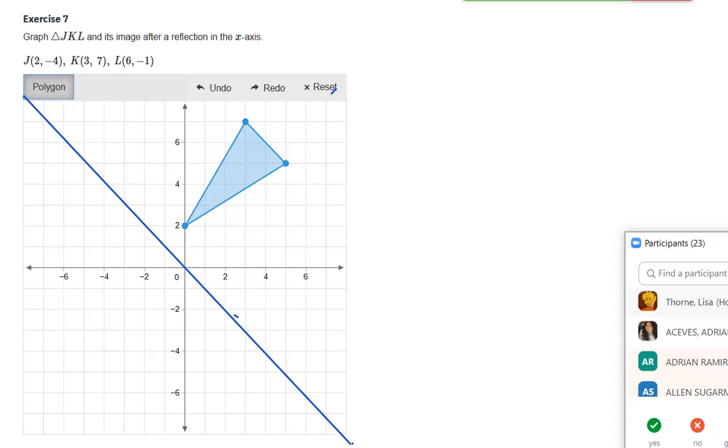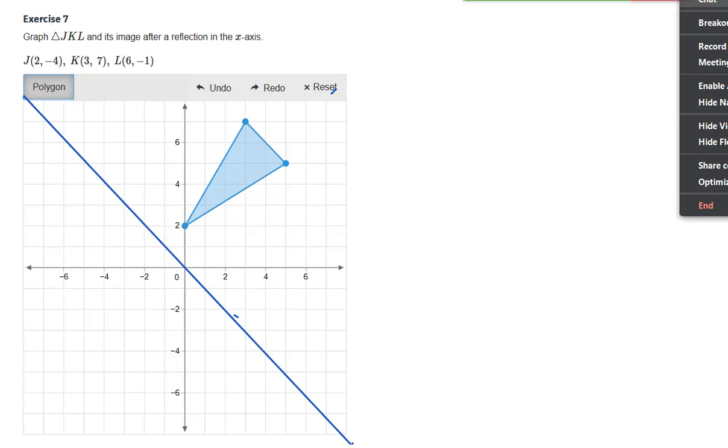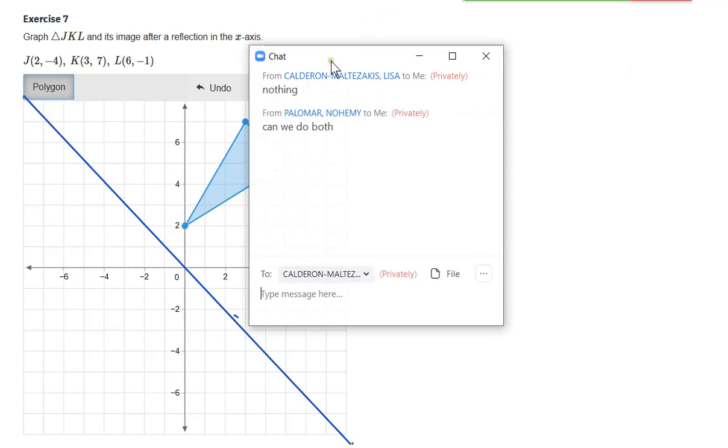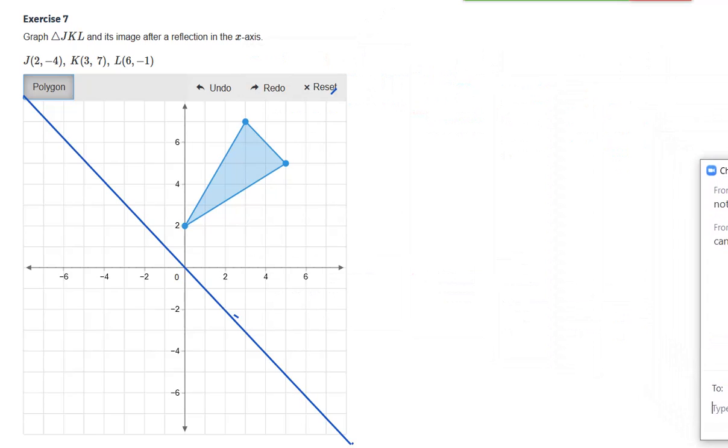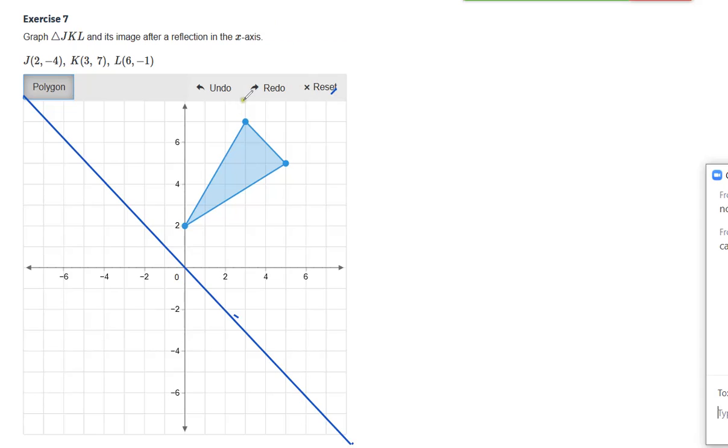I need to get the chat out because I want you guys to give me feedback here. Okay, I got my chat out. Check this out. I'm going to call these points A, B, and C again.